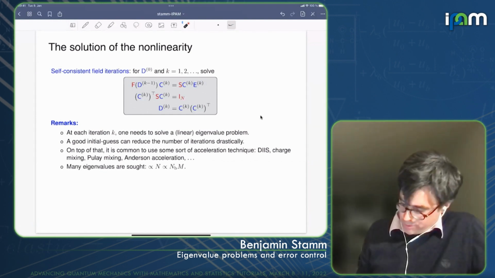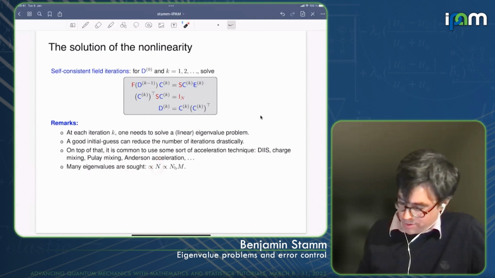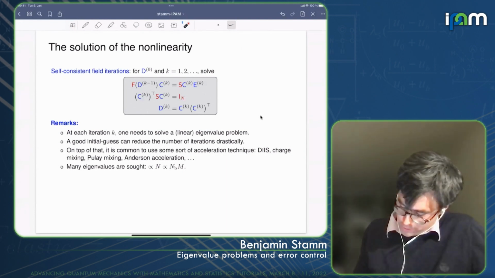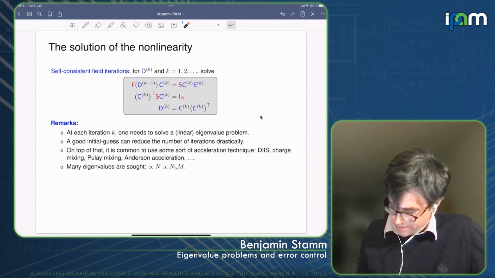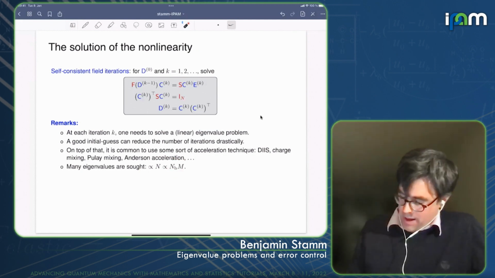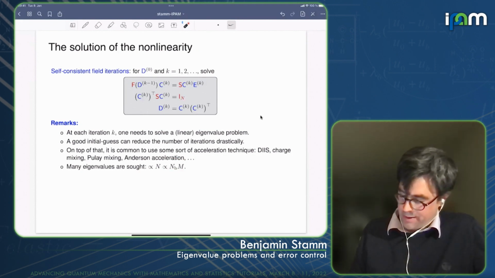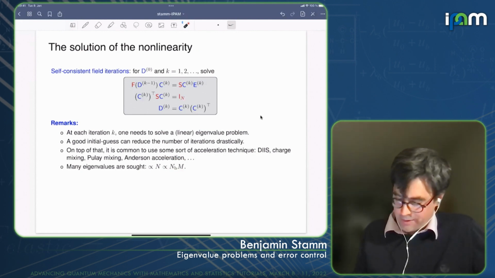Also, it is important to notice that many eigenvalues are solved. This is proportional to the number of orbitals here, which is proportional to NB. Sorry, there's some typo here. The number of electrons is proportional to the number of atoms, and the number of basis functions is also proportional to the number of atoms.